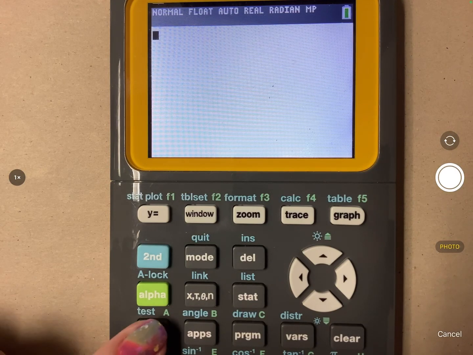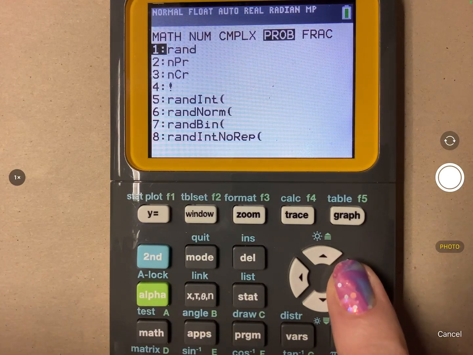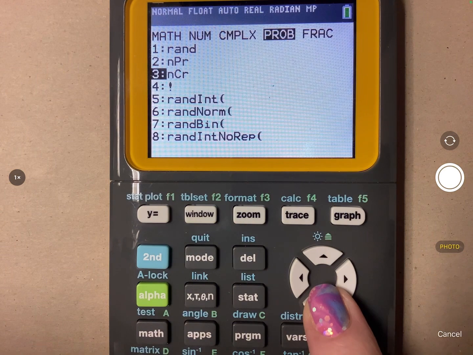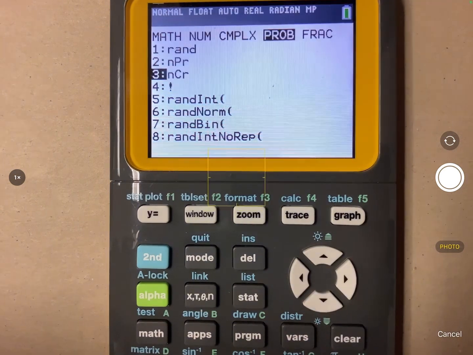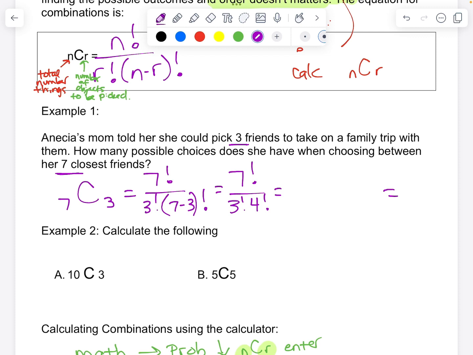On our calculator, we're going to choose math, arrow over to the right to choose probability, and choose combination, the one with the C, because order does not matter. We're just picking 3 friends. 7 friends total, but I only have 3 places that we can fit in the car. And there we have 35 as our final answer. There are 35 different ways that she can choose between her 7 closest friends and take 3.